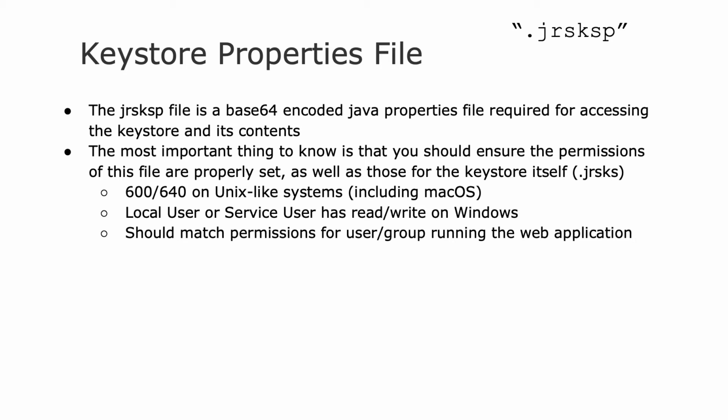So again, this properties file is a base64-encoded Java properties file that has data on accessing the keystore and its contents. You may wonder, well, it's just base64 encoded. How's that secure? Well, there are file permissions. Ideally, the user that is operating the server and accessing this file will be the only one that can read it, or their group. In fact, I don't believe the server will run without proper permissions on these files.